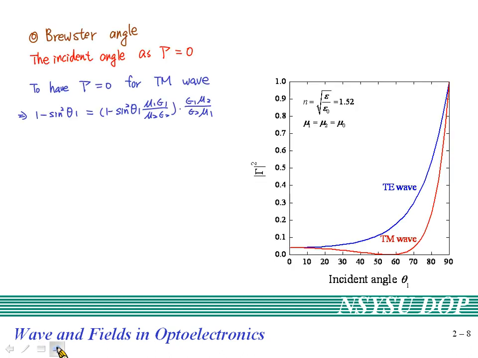As a result, to satisfy this condition, we consider the normal case, that is, if there is no magnetic material. So for non-magnetic material, we will have mu1 equal to mu2, which is mu sub 0.